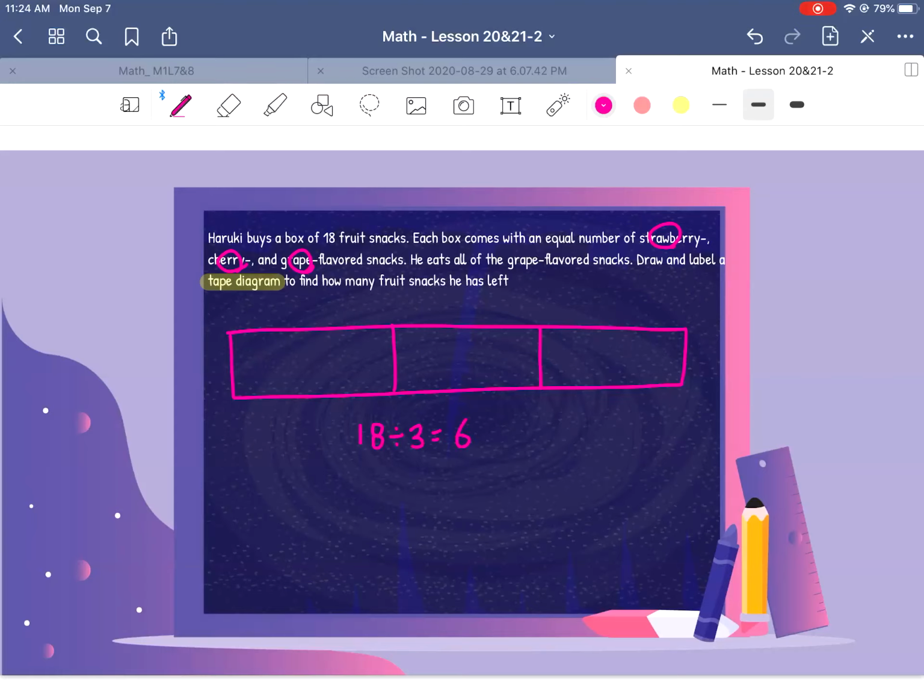And I got the number 6. So for strawberry, we have 1, 2, let me draw it bigger. 1, 2, 3, 4, 5, 6 fruit snacks. And for cherry, we have 6 again.